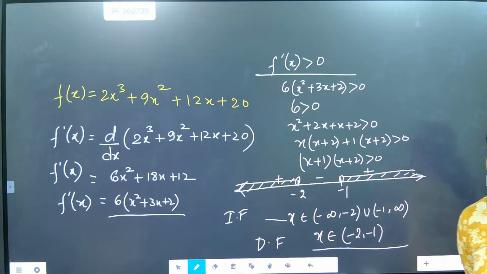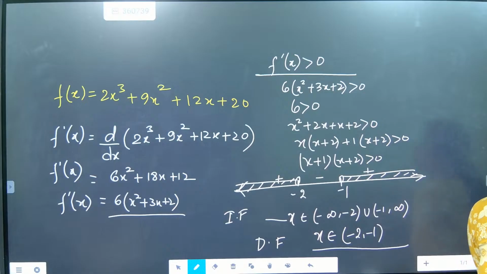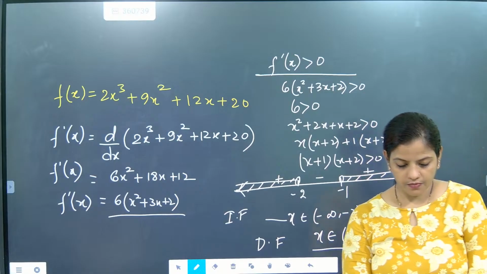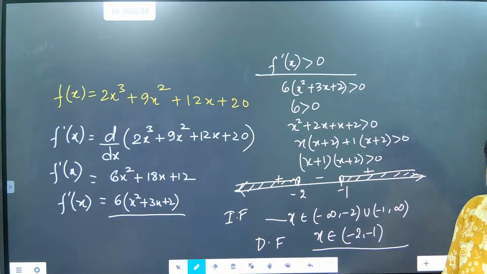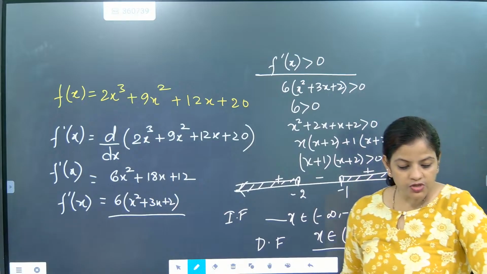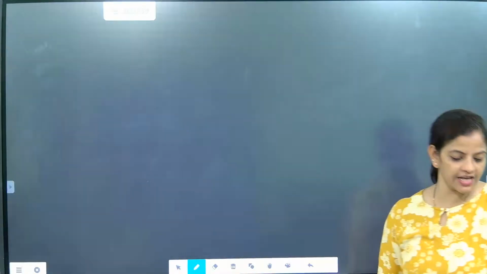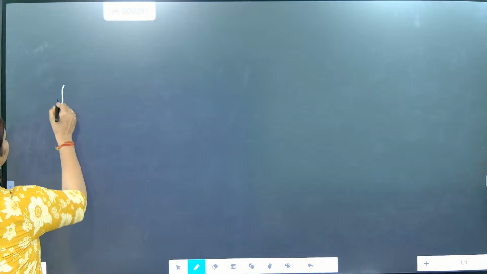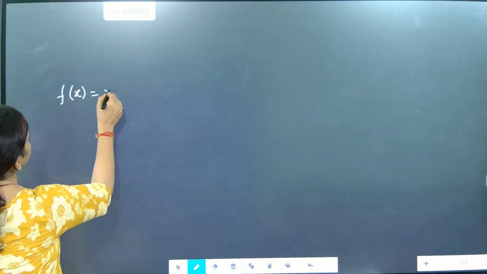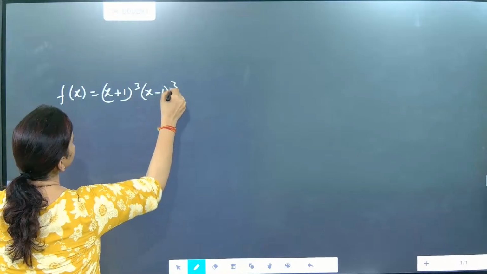Clear? Understood everyone? We'll go for the next one, please. Ready? Now the next question. You need to find the increasing and decreasing intervals of this function; this question came in CBSE. So you must solve this question very nicely. f of x equals x plus 1 to the power cube, x minus 3 to the power cube.